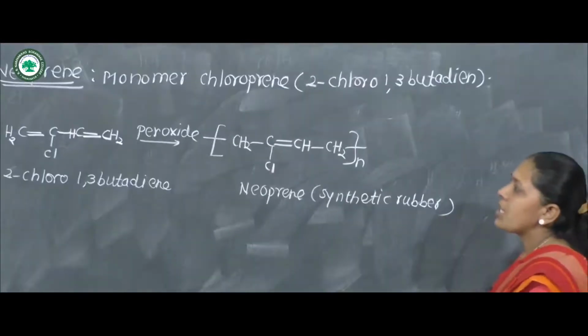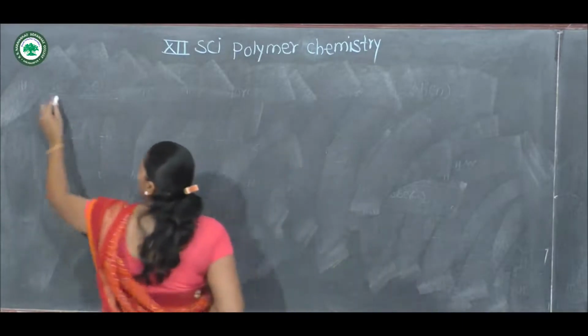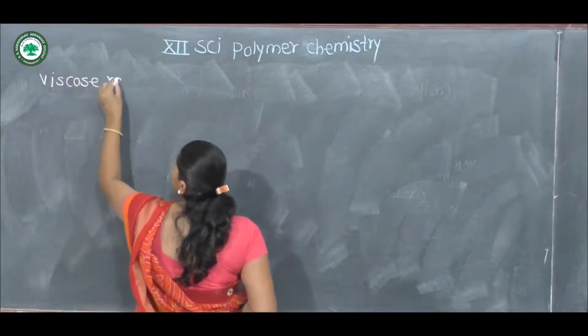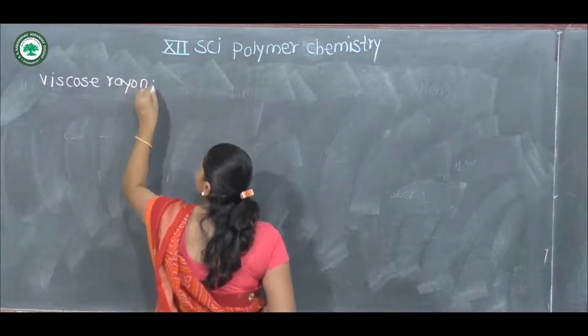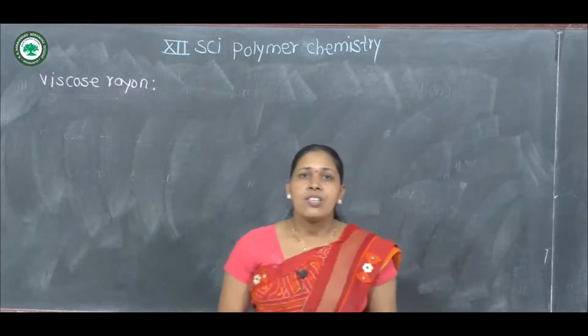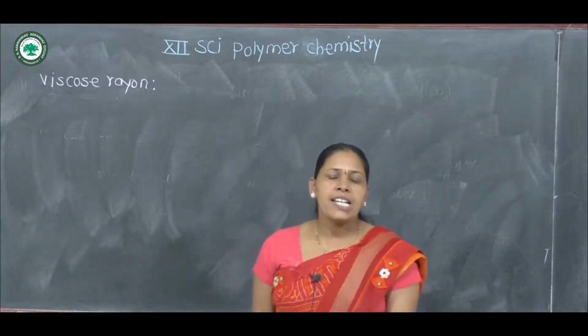Then the next polymer is viscose rayon. First of all, it is a semi-synthetic polymer. What is meant by semi-synthetic polymer?